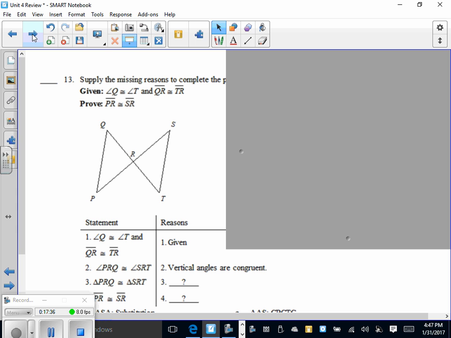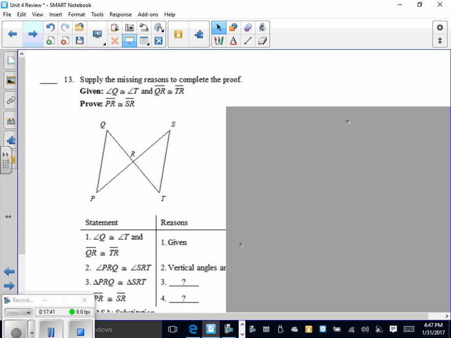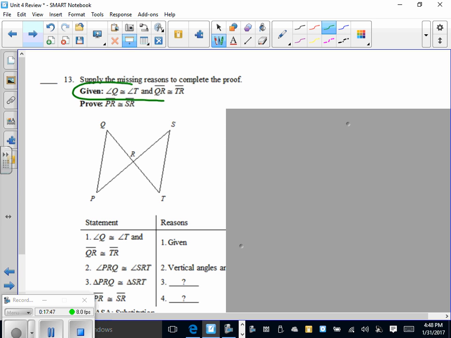Number 13. Sorry, I was covering some stuff up. Okay, it says supply the missing reasons for the proof. It starts out with given information and wants us to prove that these two line segments are congruent. It tells me given that angle Q is congruent to angle Q, so there's an A. And it says that line segment QR is congruent to line segment TR.